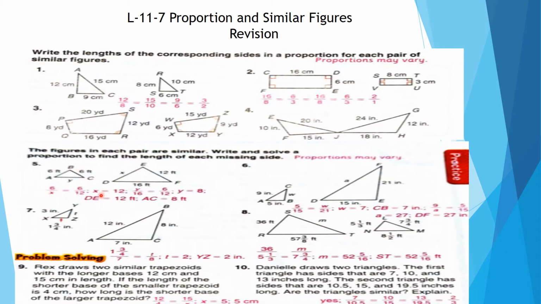What is the answer? 6 is cancelled with the 6 and X is equal to 12. The same way here, Y divided by 16 and 6 divided by 12. Then again cross product and Y is equal to 8. I think this one is clear. The same way in this one.